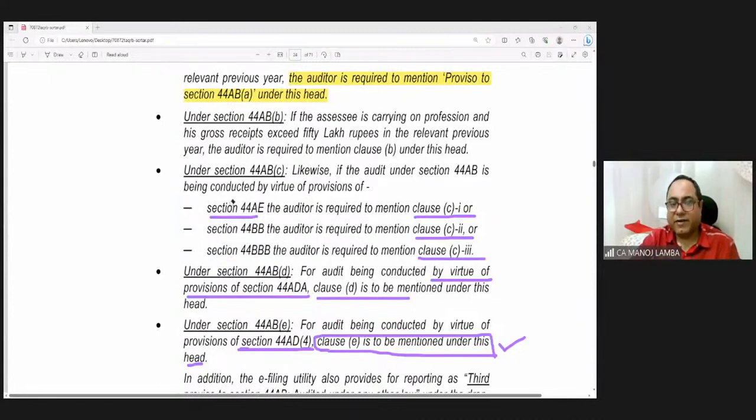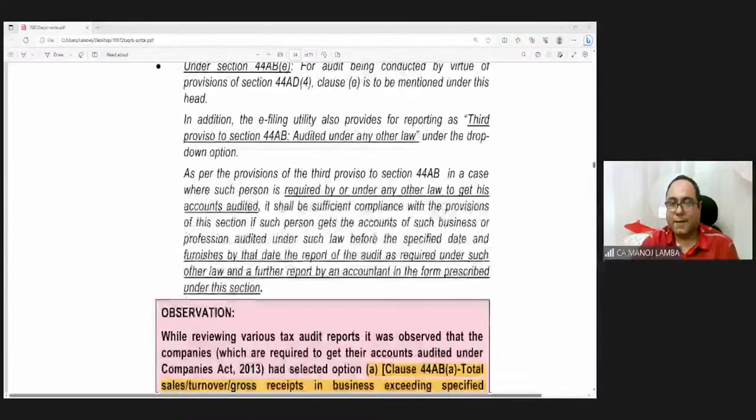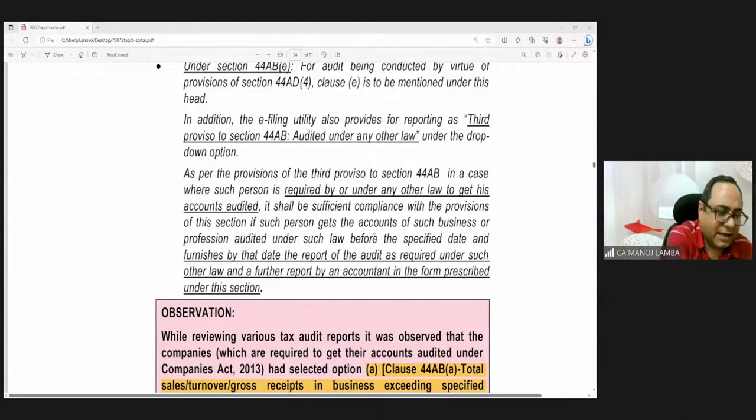So moving further, my dear friends. In addition, the e-filing utility provides for reporting of the third proviso to section 44AB.